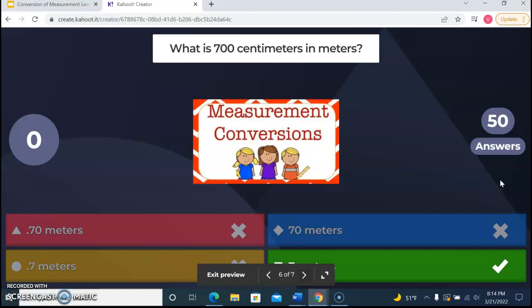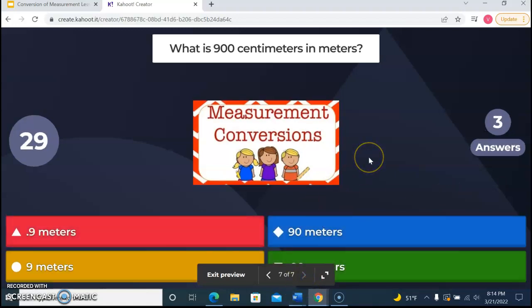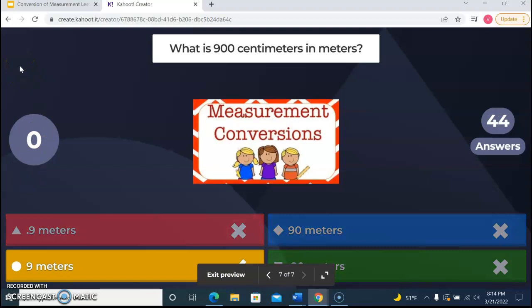So in this problem, we divide by 100. So that would give us 7 meters. Final question. What is 900 centimeters in meters? So in this problem, to get meters, we divide by 100. So it would be 900 divided by 100, which would give us 9 meters.